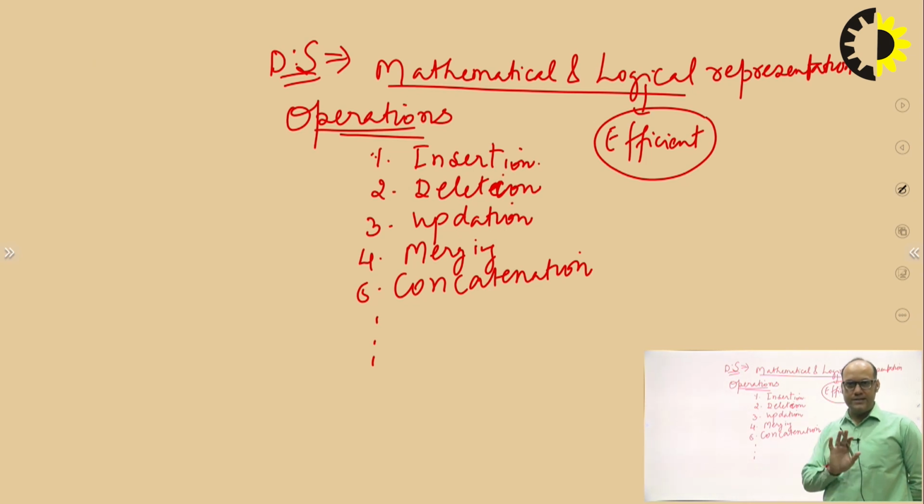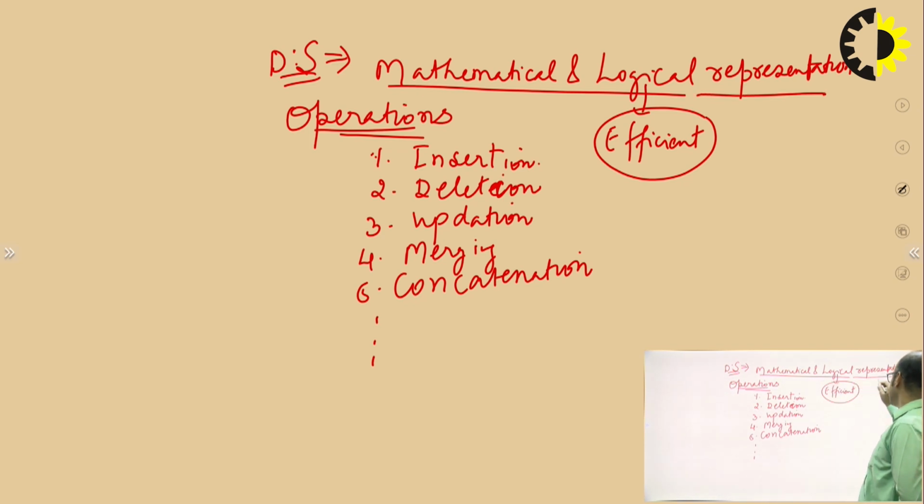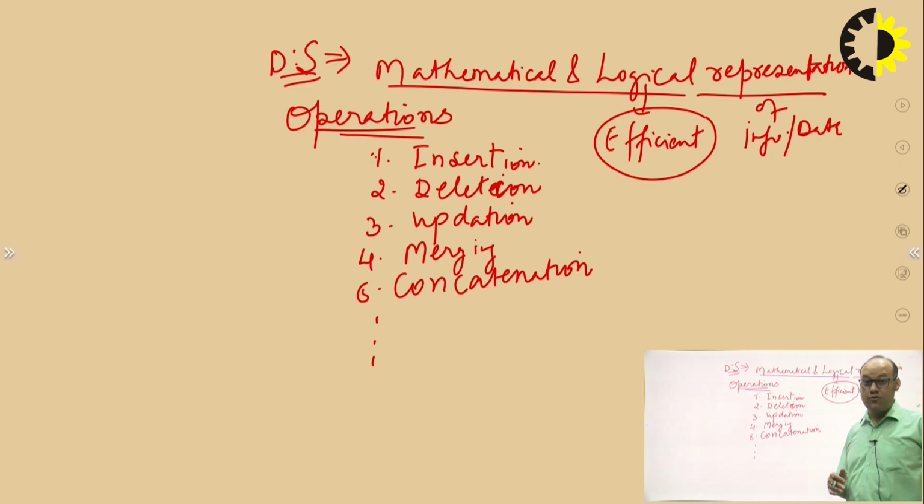I think you are all clear about what a data structure is. Data structure is defined as a mathematical and logical representation of the information, or we can say data, of how we are going to keep the data. The requirement is that we need to perform several operations here: insertion, deletion, updation, merging, concatenation.